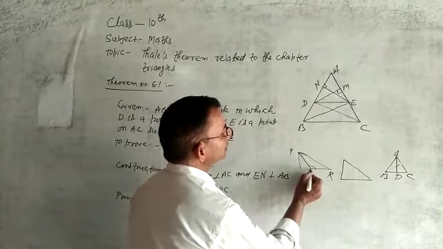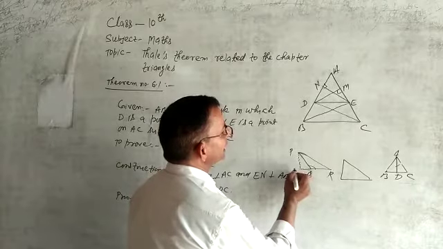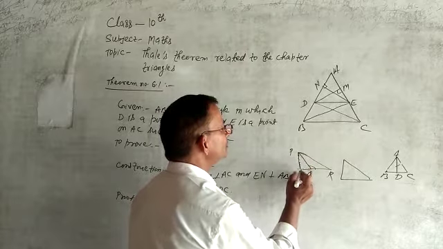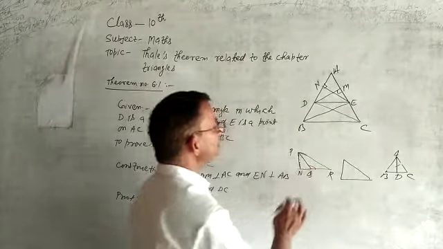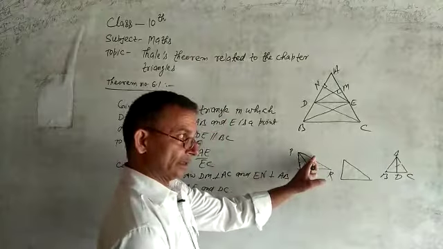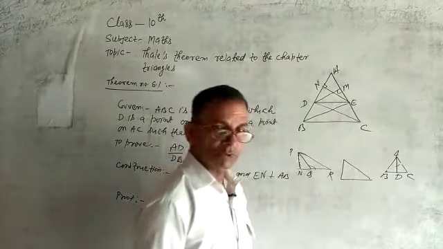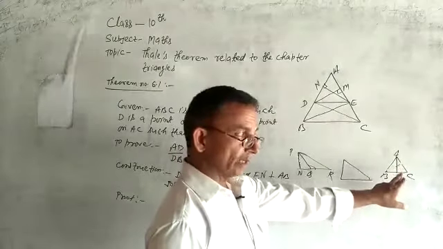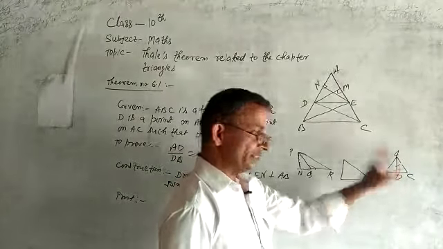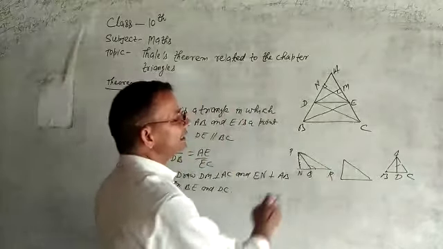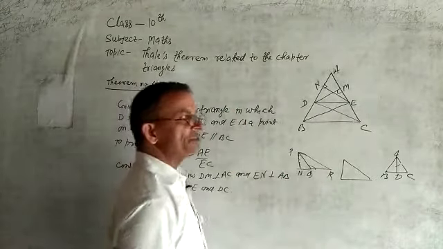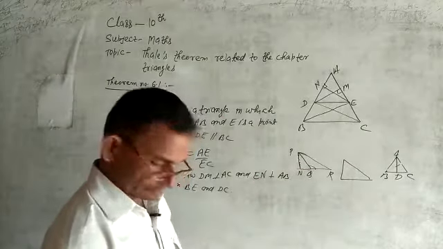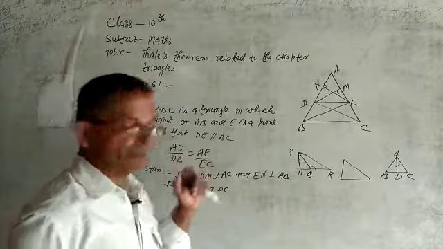So we extend this side and draw perpendicular PN, which will be on the outer side of triangle PQR. So you have to remember, when the triangle is acute, the perpendicular passes inside, and when the triangle is obtuse, the perpendicular passes outside of the triangle. This will be applied in this theorem.